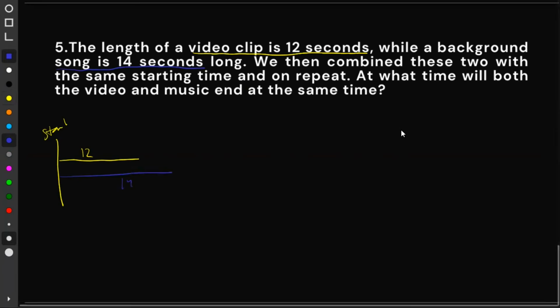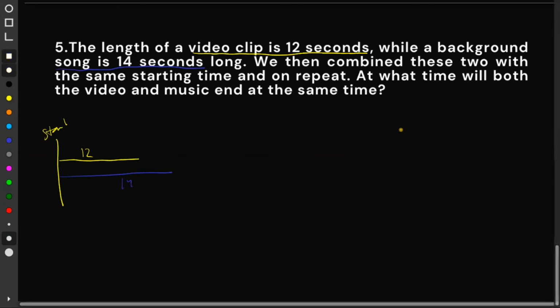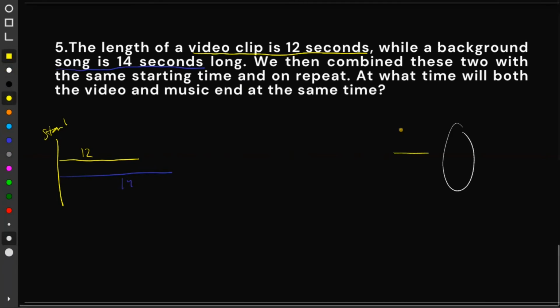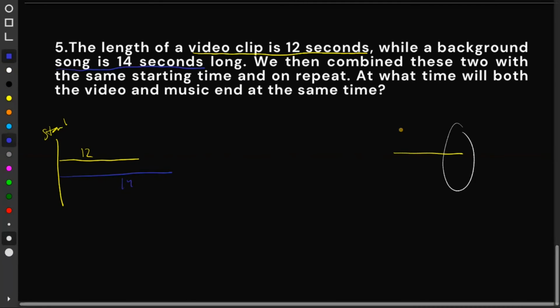So we are tasked to find at what point they will end at the same time. That means 12 and 14 would meet over here. So when will that be possible? Well, that will be possible if we get their LCM.